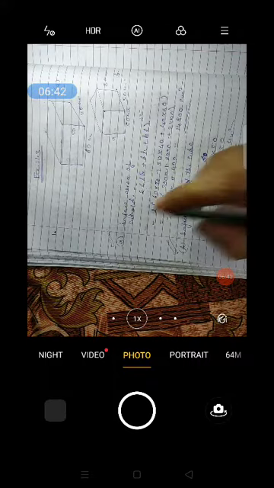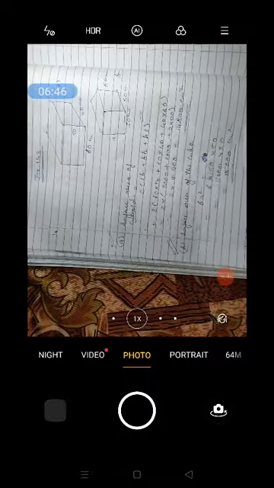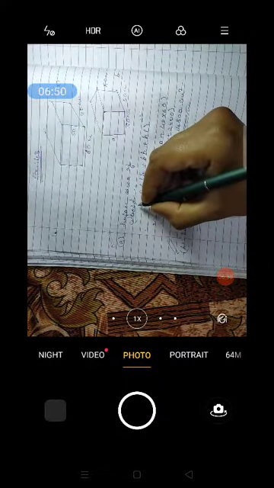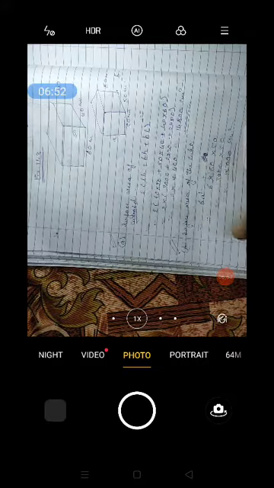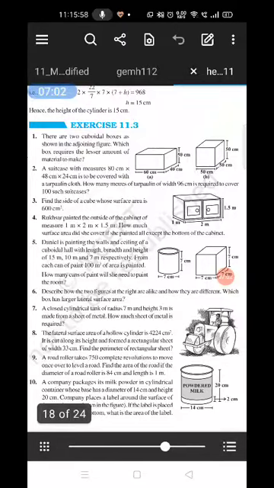Is this clear? So material required is lesser for the cuboid, as per the question I am asking you. Material required for the cuboid is lesser as compared to that of the cube. So you can write your answer accordingly. Is this okay, guys? Now let's do the second question.